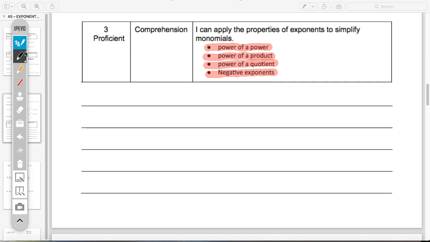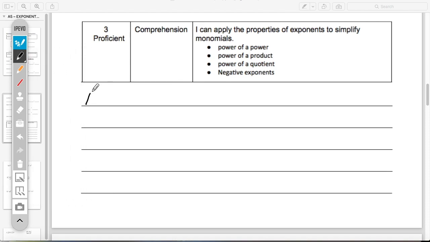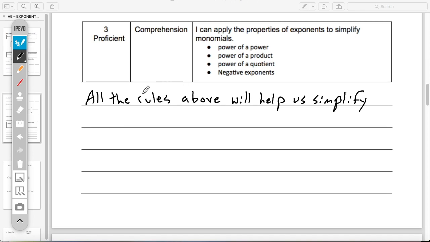Okay, so some things to remember here. Sorry about that. So all the rules above will help us simplify expressions with exponents.